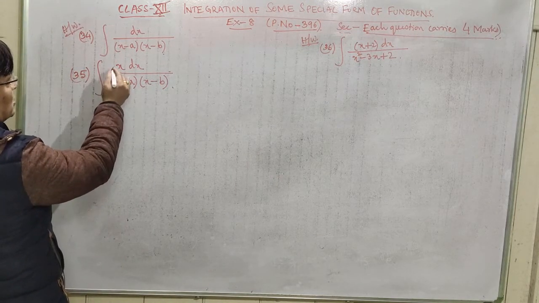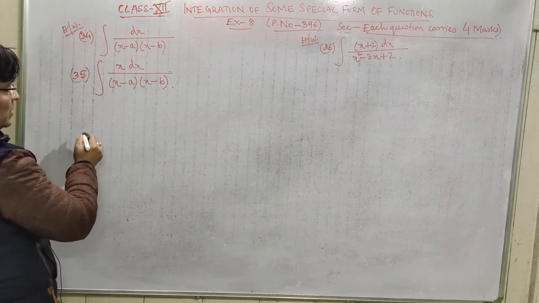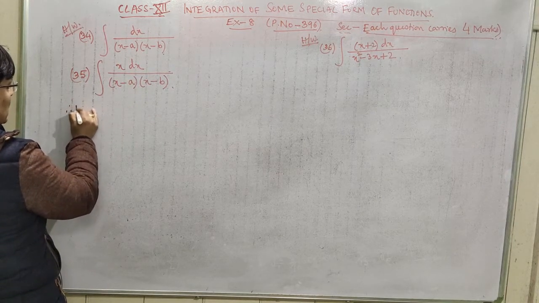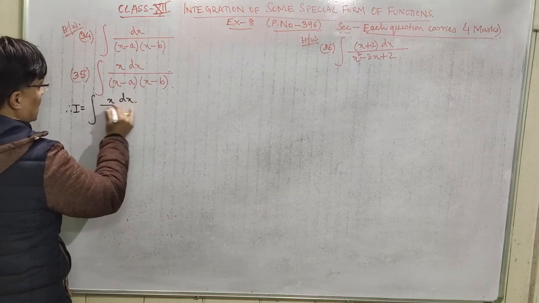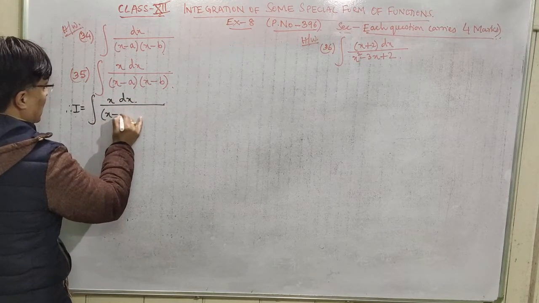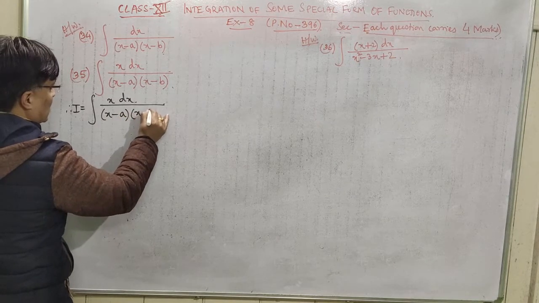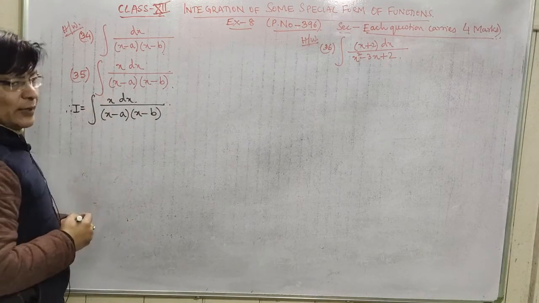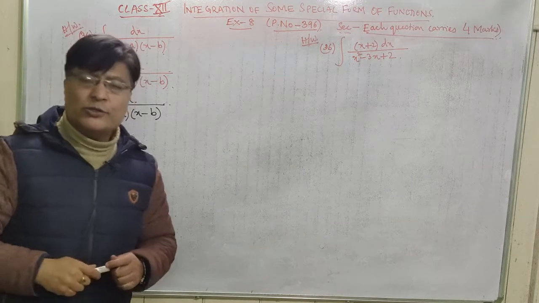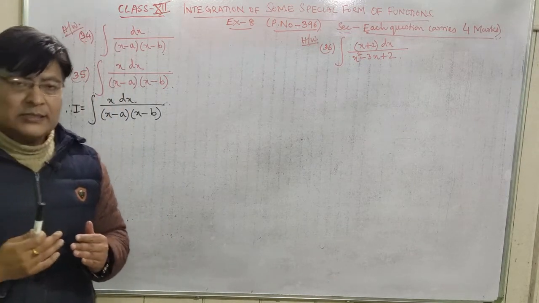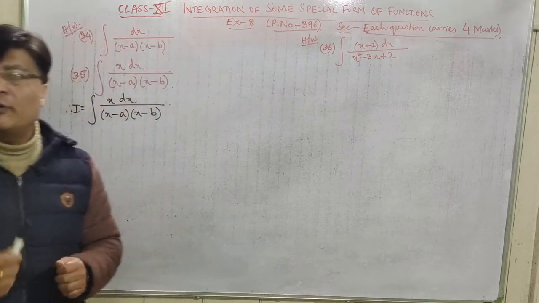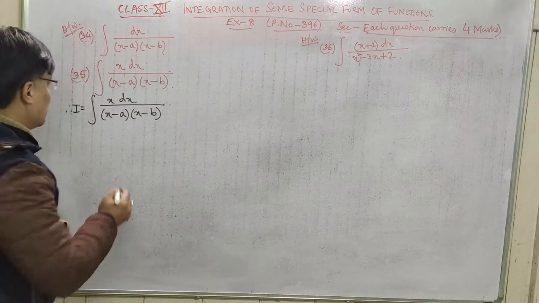So it is integration of x dx divided by x minus a into x minus b. So let us write it as capital I is equal to integration of x dx divided by x minus a into x minus b. Okay, so here also the two factors are given in the denominator. In this case also this fraction is converted into what? Partial fraction.